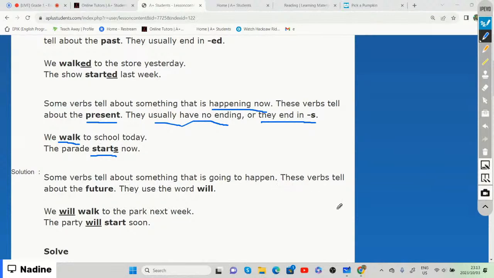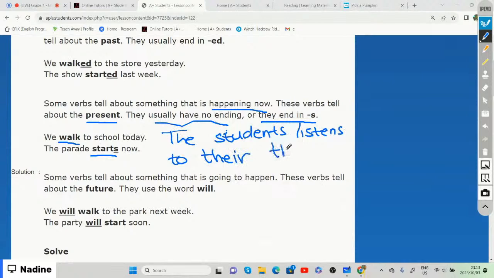We can even say things like, the students listen to their teacher.